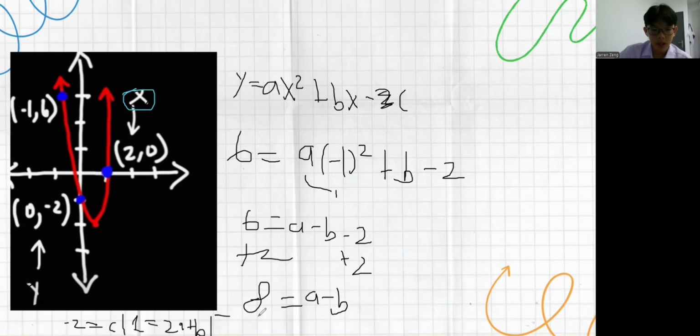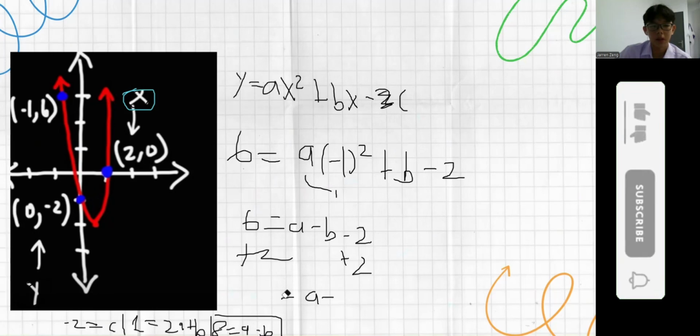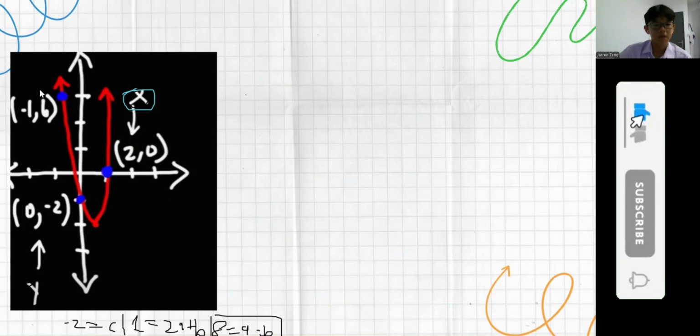This is going to be our third point: 8 equals a minus b. Sorry, horrible writing.